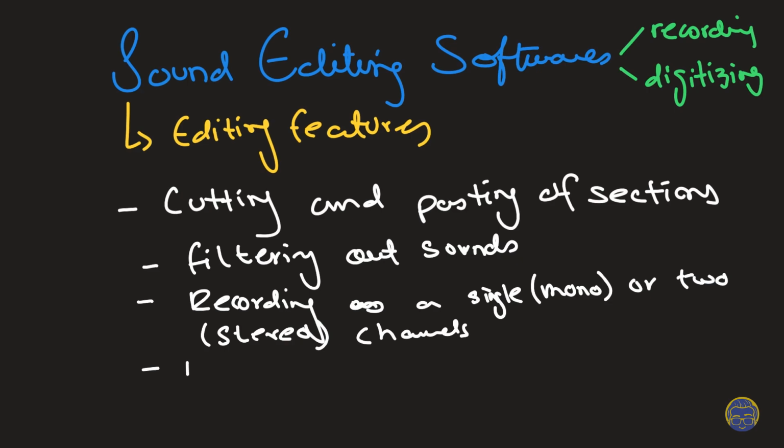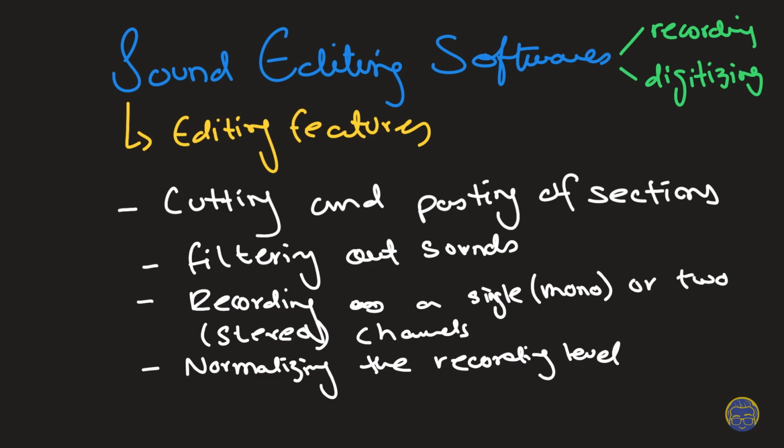Also, we use these software for normalizing the recording level. Sometimes when you are recording a sound, out of the blue certain sounds tend to amplify. So we normalize all of the sounds to the same level, so there is no amplification of one over the other.